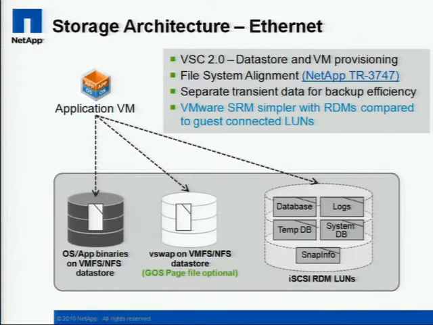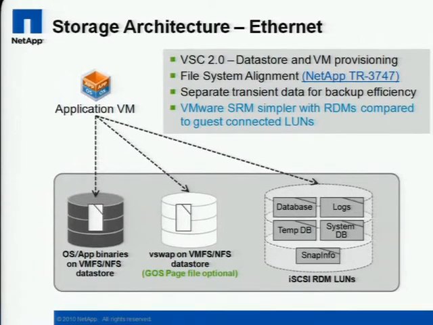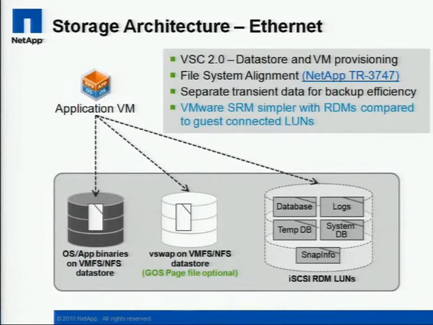For that reason, when the SRM product interrogates the Virtual Center environment to discover the storage that you're using, SRM will be able to see that these virtual machines have iSCSI raw device map devices connected to them, and it will automatically include those in your recovery plan and your failover, automating the connection of them to the virtual machine when they come up at the DR site.